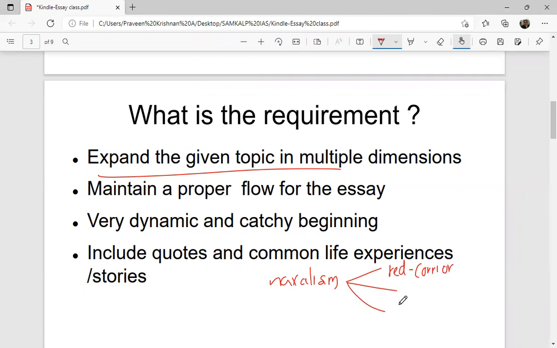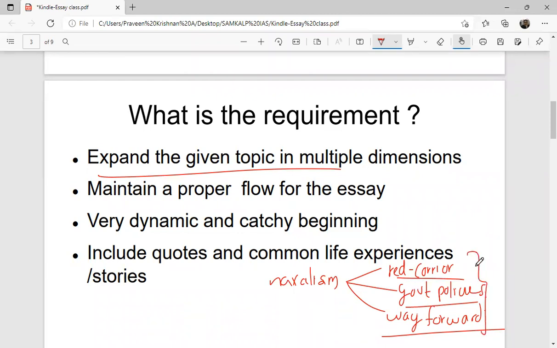Then you discuss the government policy regarding the Naxal affected areas. Then you discuss the way forward, or what we should do in future. So you split the question into multiple parts and address each separately.